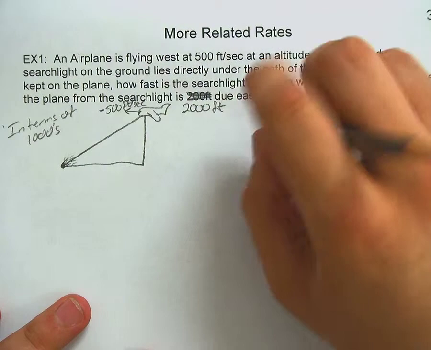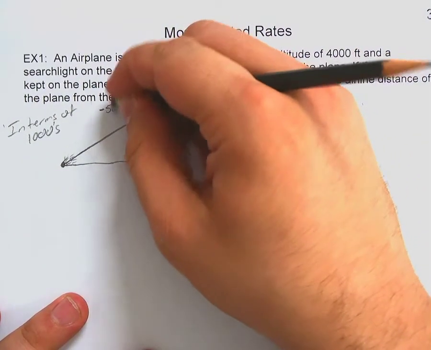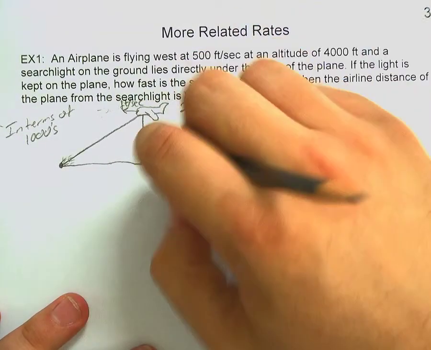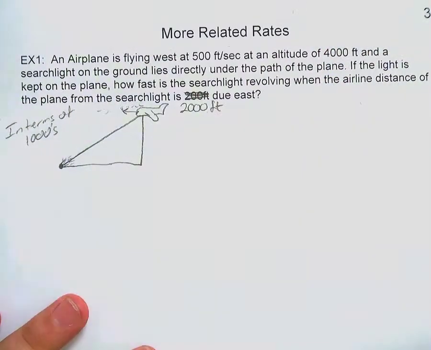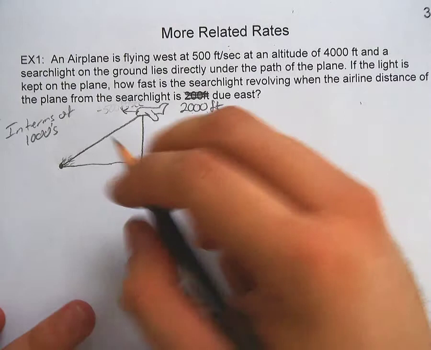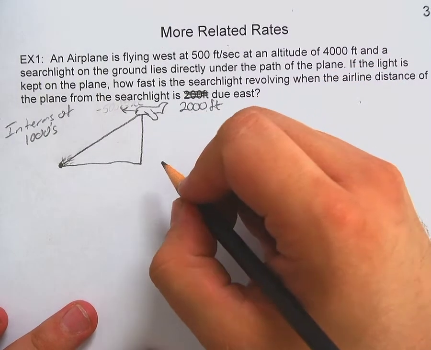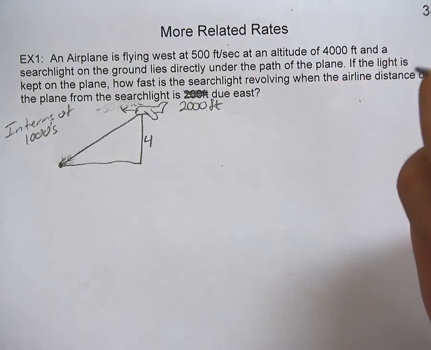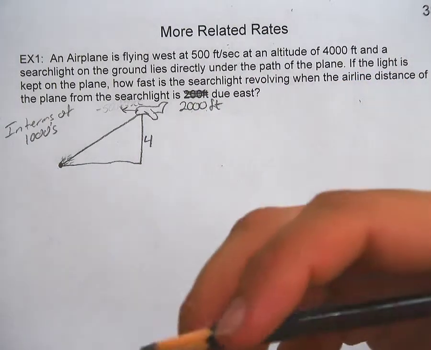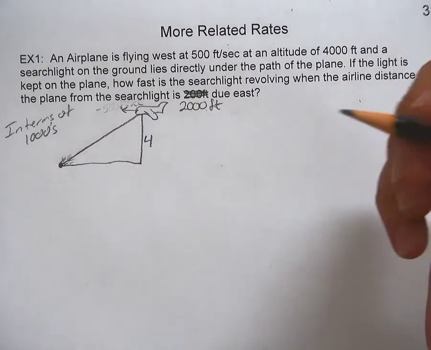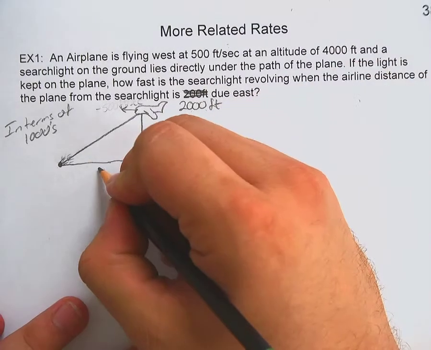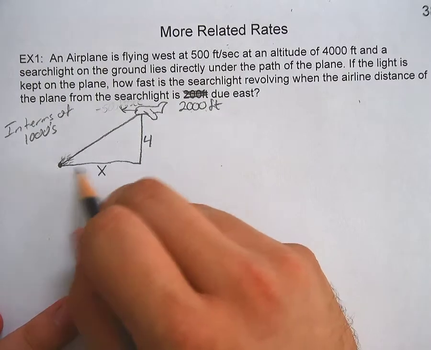What that's going to do is, instead of doing 500, because these numbers are going to get huge, your plane is flying left, so I'm going to keep that information there. But in terms of thousands, the plane is 4,000 feet in the air, right? So I'm just going to write this as a 4 to keep my numbers a little bit smaller. I'm just going to understand that it's in terms of 1,000. So this is 4,000, right? We've got our distance changing constantly here.